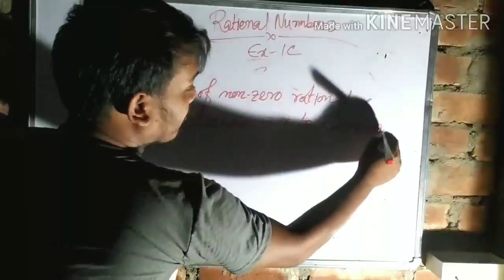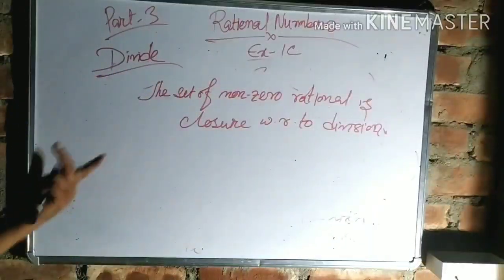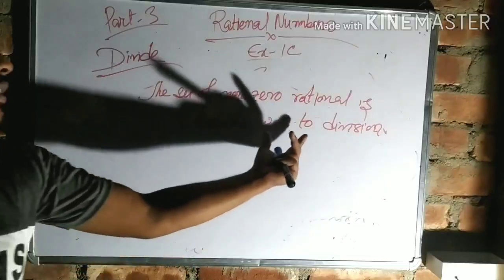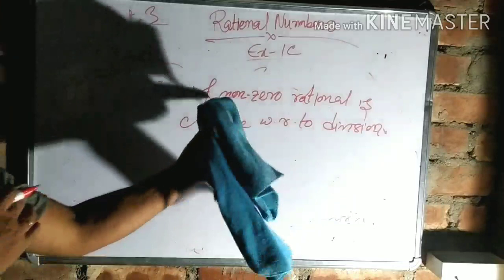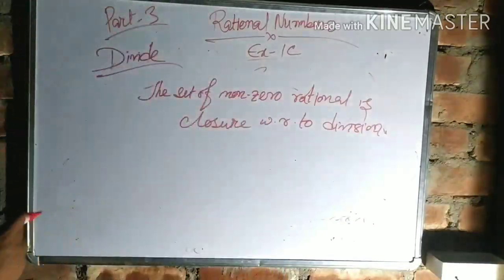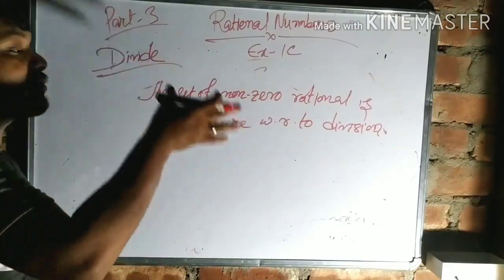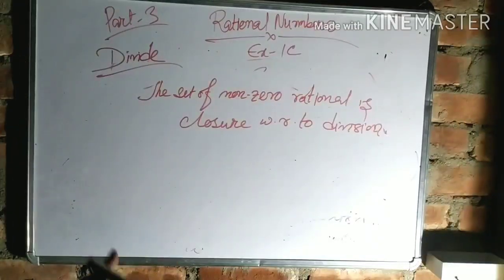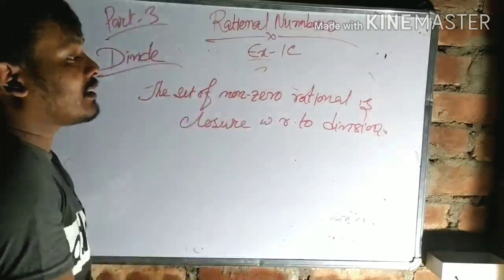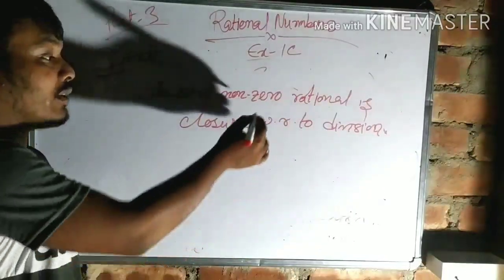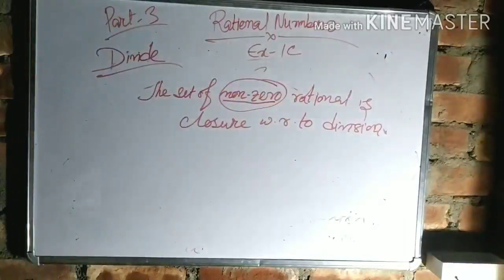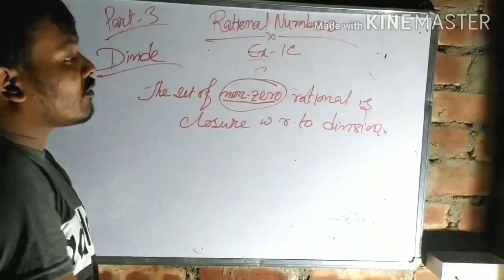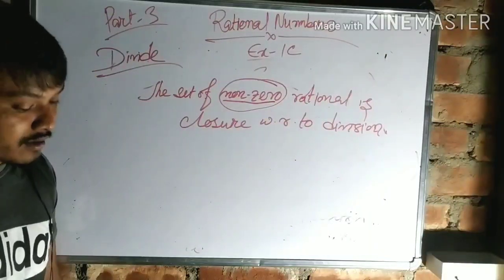But the set of rational numbers is not closed with respect to division. If we take non-zero elements, then it is closed. If we say the set of rational numbers, then 0 is there. That's why, if we do not take 0 in the rational numbers, that means the set of non-zero rational numbers is closed.